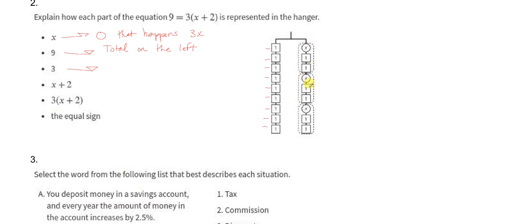Alright, the 3, how can I get 3 out of this? Oh, 3 is the number of groups. The number of groups of x plus 2. Okay, I got 1, 2, 3 x plus 2's. Okay, x plus 2 is a single group with an x.